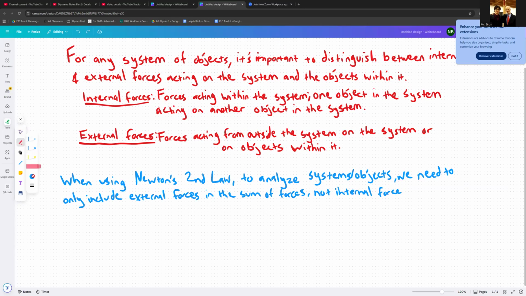So with the example of a pencil, you could look at the forces of gravity or normal force, or applied force if you're picking up the pencil, or friction if you're sliding it on the table. Those would all be external forces, right? The earth acts from outside the pencil. The table for friction or normal force is outside of the pencil itself. Your hand providing applied force is outside of the pencil. So we already do this. Internal forces are not included when we do a sum of forces. So that's a key thing here.